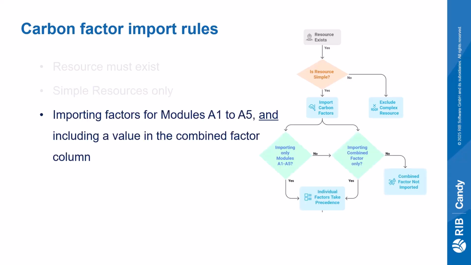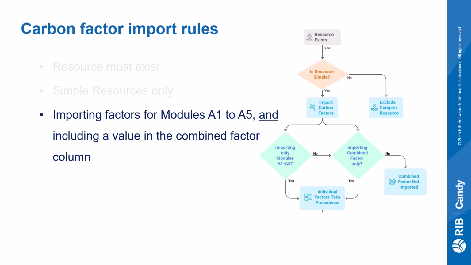When individual carbon rates, that is rates for columns A1 to A3, A4 or A5, are imported, Candy sums them to populate the A1 to A5 total or combined column. If only a summarized total rate for the combined column A1 to A5 is provided, it can be imported directly into the A1 to A5 total column as a plug rate.